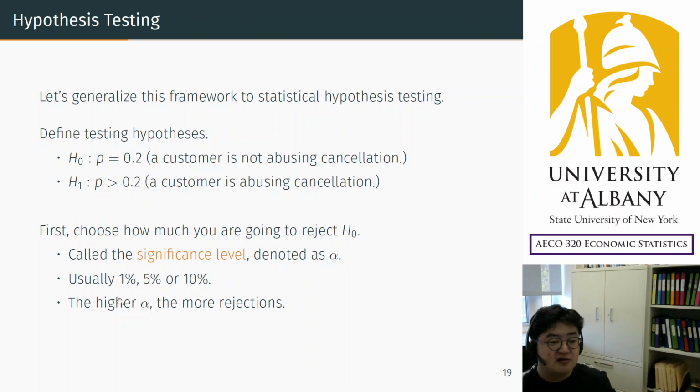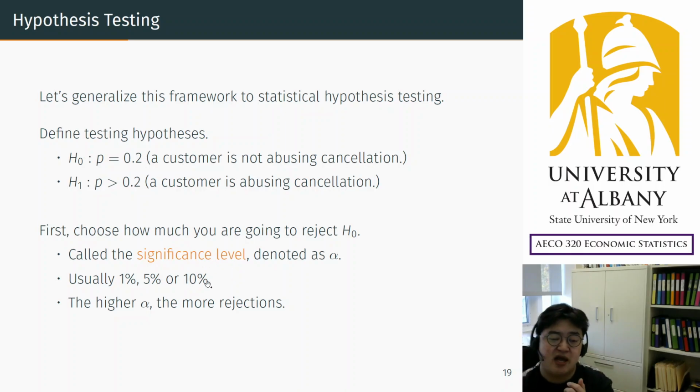Usually, similar to the confidence level in a confidence interval, the typical choices are 1%, 5%, or 10%. Later in the mathematical derivation, you are going to see that this significance level is very much similar to the confidence level in a confidence interval.